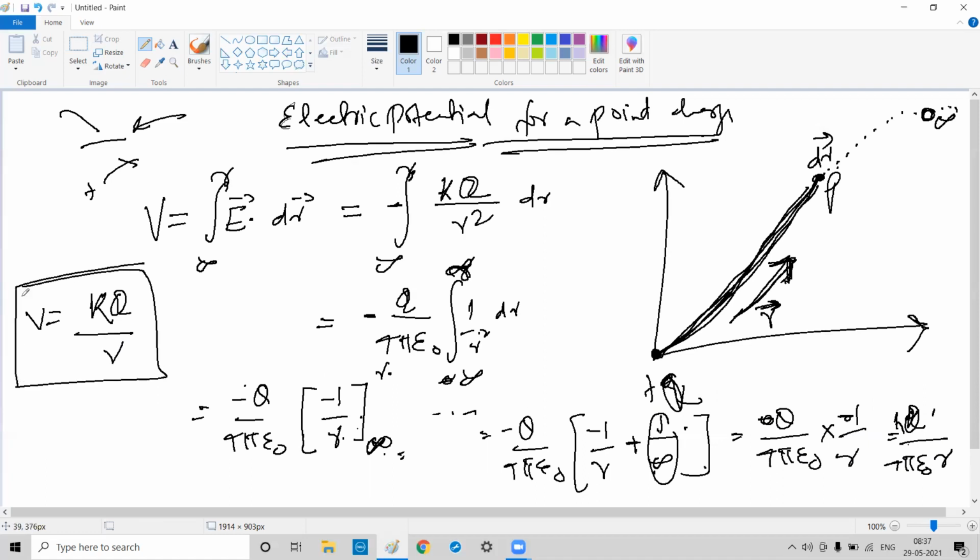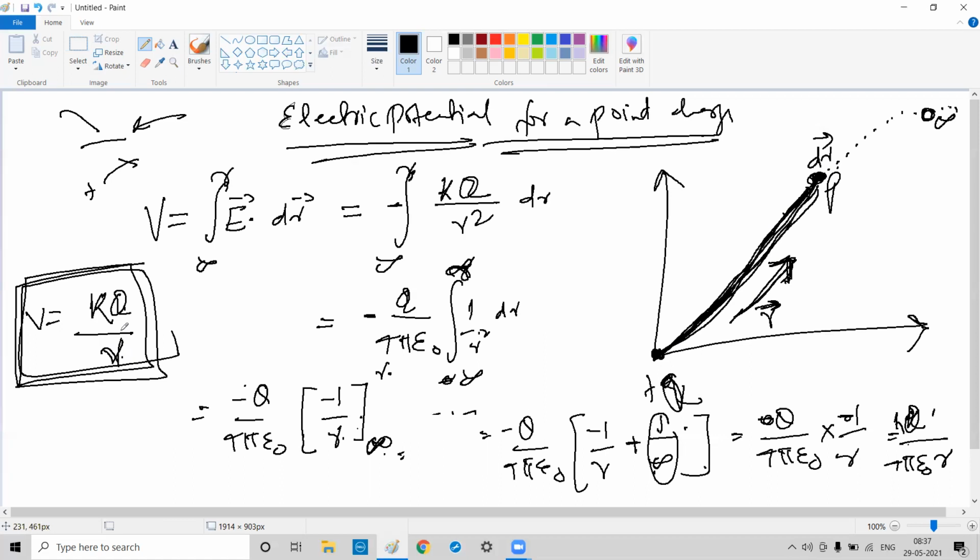Very simple, very important. So for a point which is r distance from a charge q, your potential will be kq by r. It's simple.